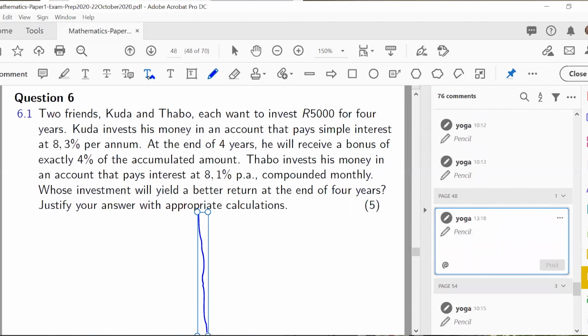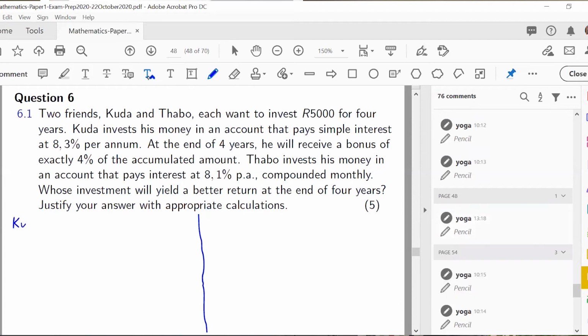Now for Guda, A is P into 1 plus I times N. That is the formula for the amount that will be accumulated in 4 years using the simple interest.